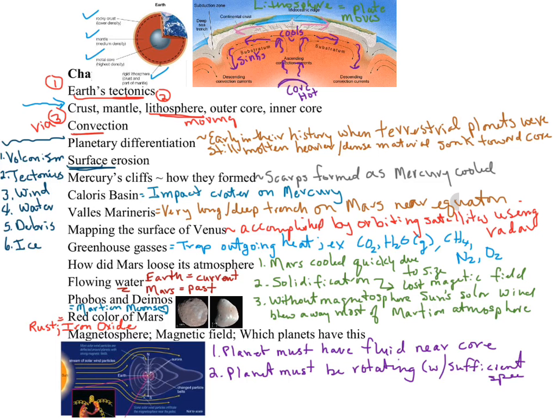One criterion, remember Mars, it solidified and no longer had fluid near its core. So the planet needs to have some sort of fluid near its core. The other criterion is that it needs to be rotating sufficiently fast. Venus, we think, has a core that is not solidified, but it's not rotating fast enough. The way I've heard it is that Venus doesn't have a magnetic field because it's not rotating fast enough.